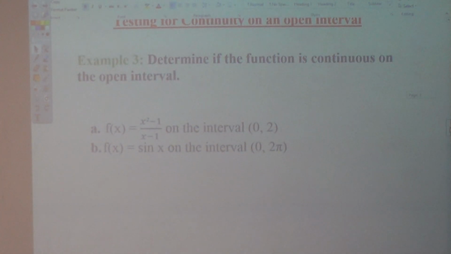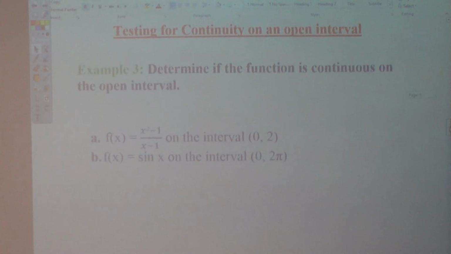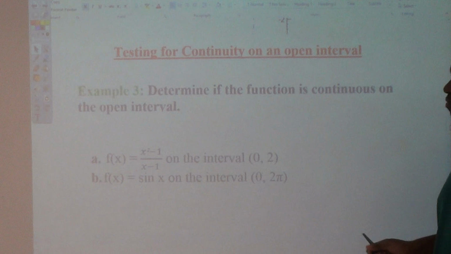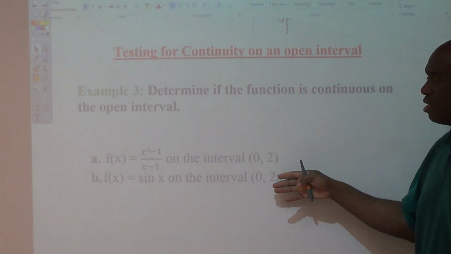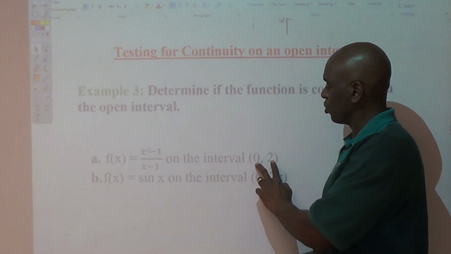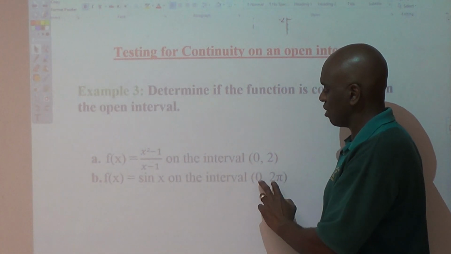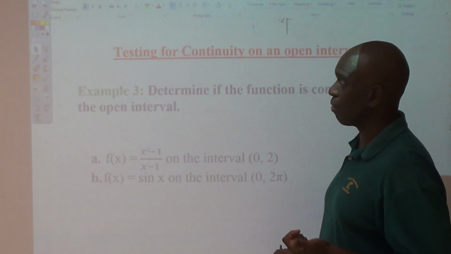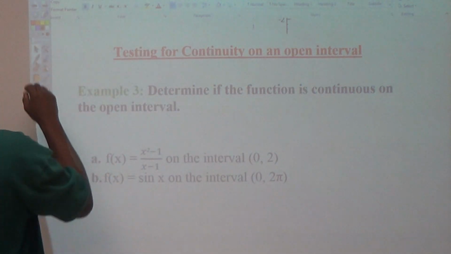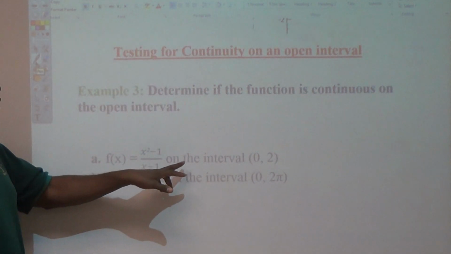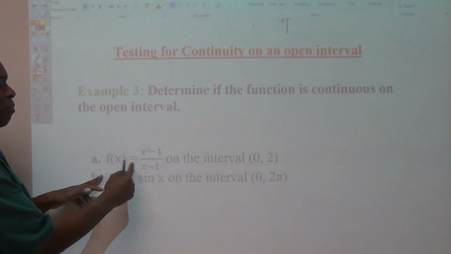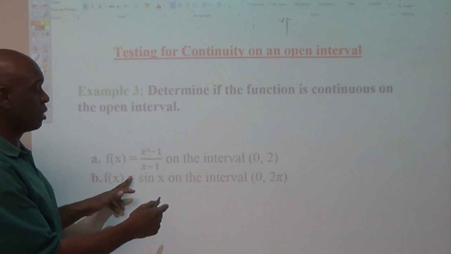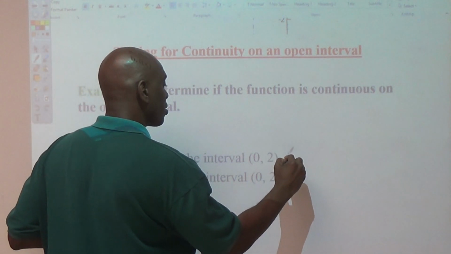Testing for continuity on an open interval. Is the function continuous on these two intervals, 0 to 2 for this function, and 0 to 2 pi for f of x equals sine x? Well, we know that f of x is going to be discontinuous at x equals 1.